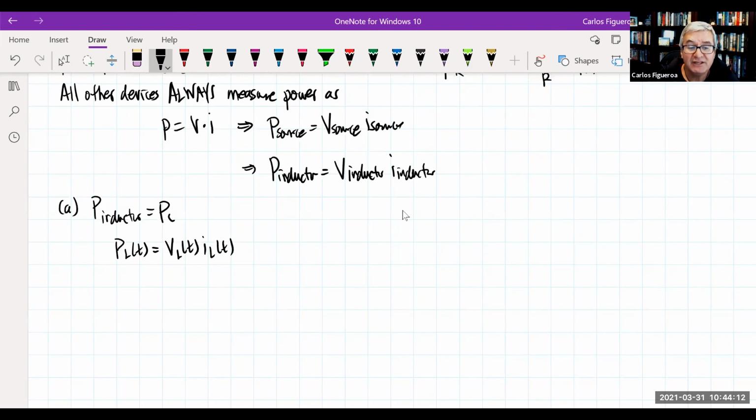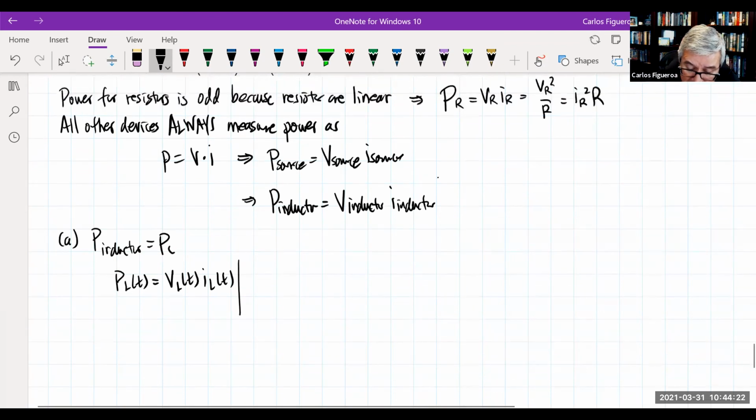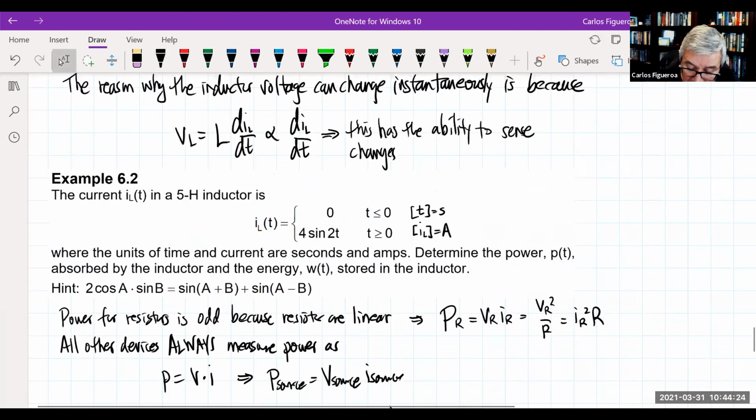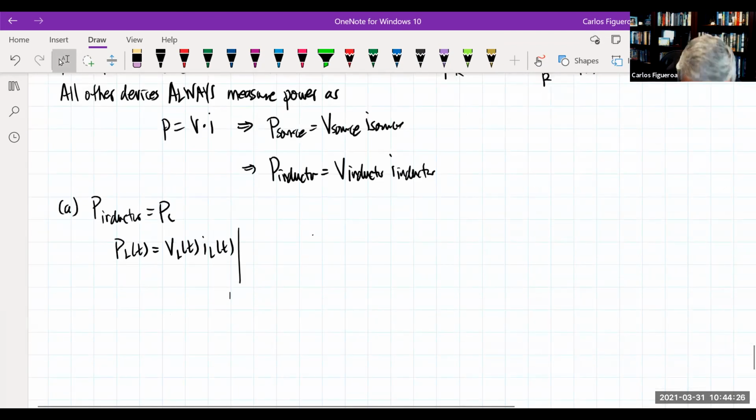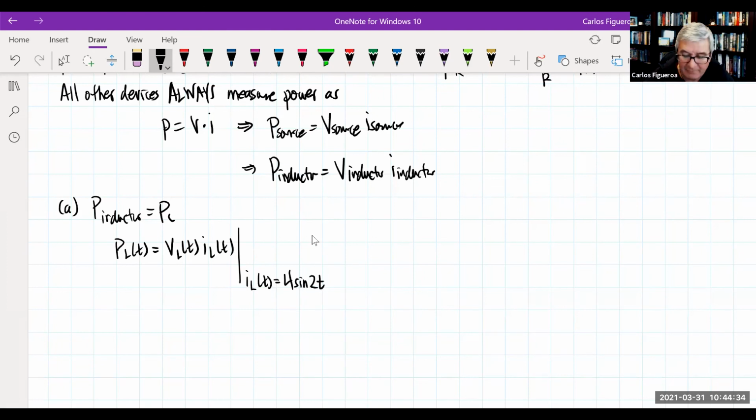I know the current: at t equal to 0 it doesn't matter, it's only at t greater than 0 that IL of t is 4 sine of 2t.